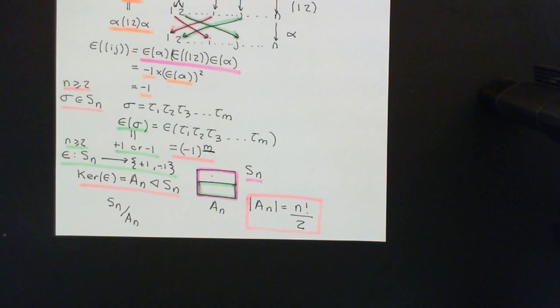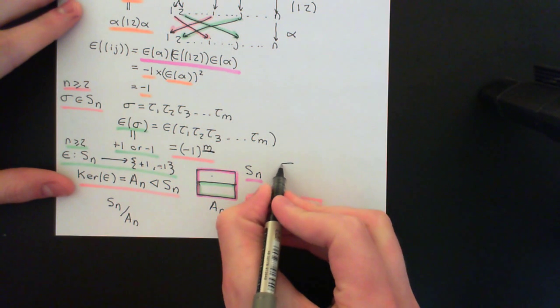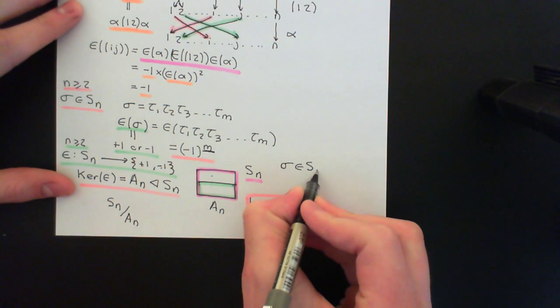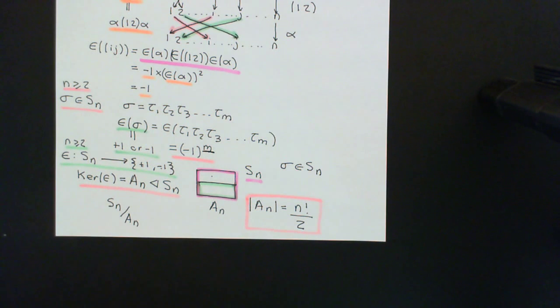So if you want to work out whether a given set permutation, let's say sigma, in the symmetric group on the set of n elements is odd or even, you just need to take its cycle decomposition and look at the lengths of the cycles. You then go along each of the cycles, take one off from that length, and add all of those numbers together. If that's an even number, then it's going to be an even set permutation. If it's an odd number, then it will be an odd set permutation.